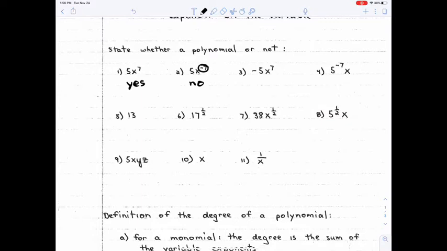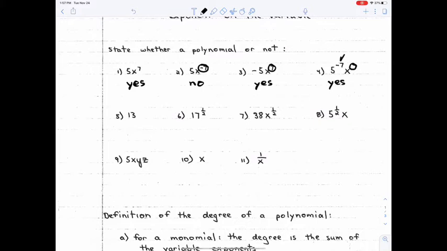Number 3, whole number exponent. It doesn't matter that there's a negative out in front. Is the variable exponent a whole number? Number 4, take a look at the variable exponent. What is it? It's understood to be 1.